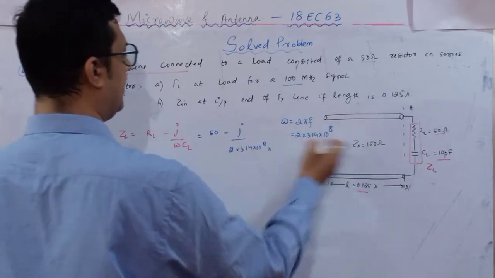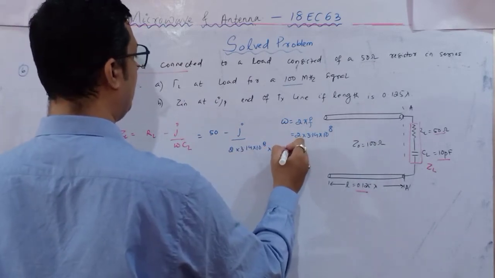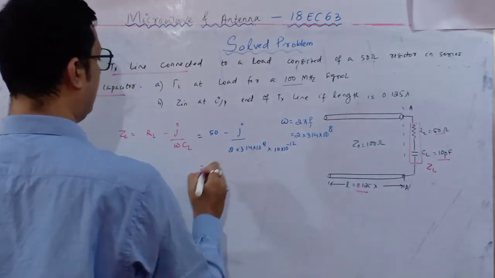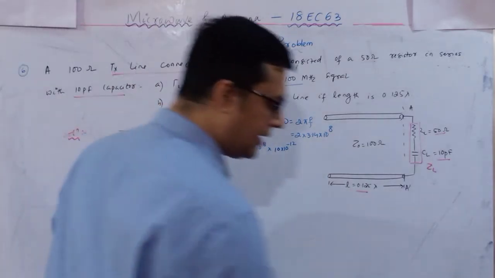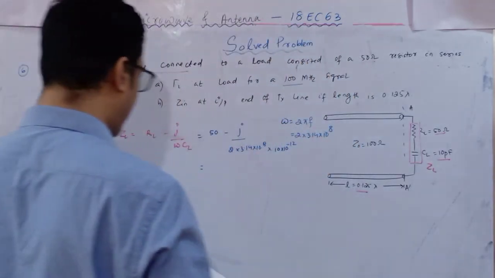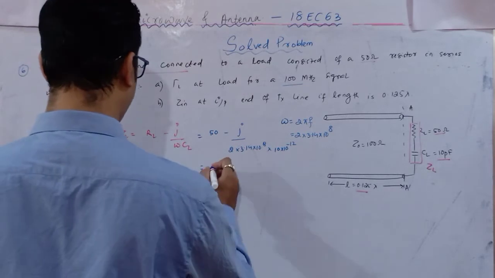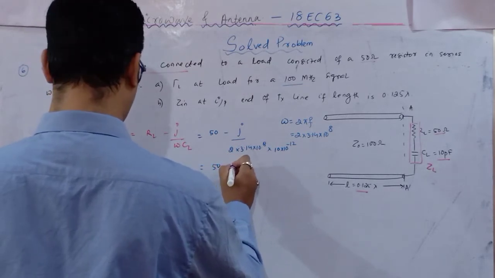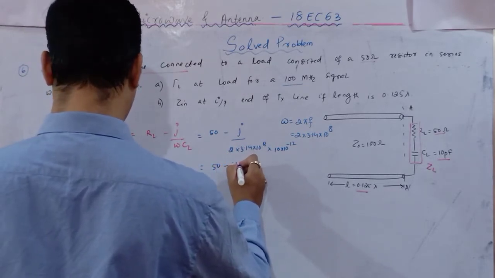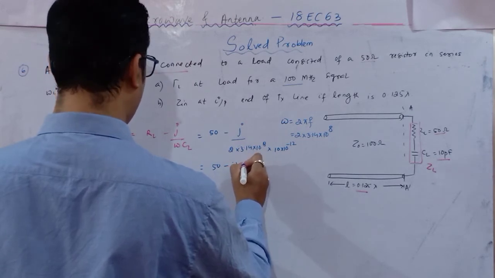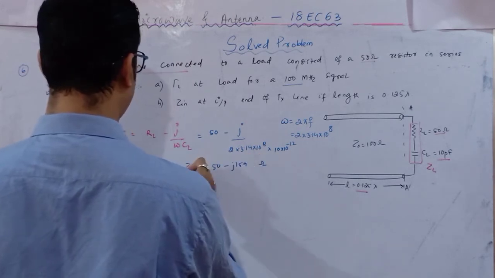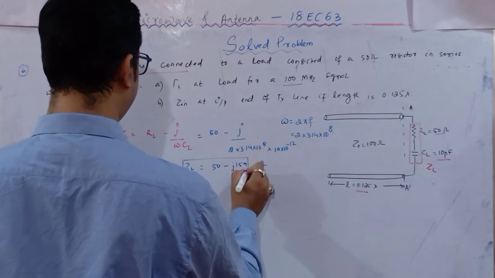Substitute that into CL, 10 picofarad, 10 to the power minus 12. Solve this, you will get your load impedance near about 50 minus j159 ohm. So this is my ZL.